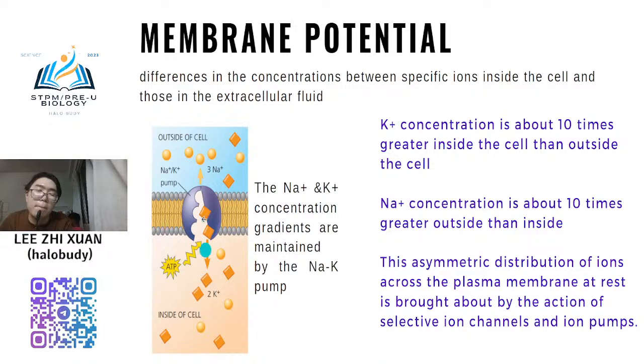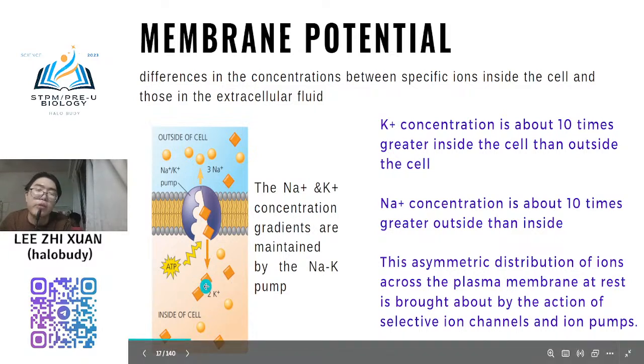Three sodium ions are pumped out of the cell and two potassium ions are pumped into the cell, and this process requires ATP, a type of active transport. So this means that outside the cell, sodium ion concentration is high, but inside the cell, potassium ion concentration is high.